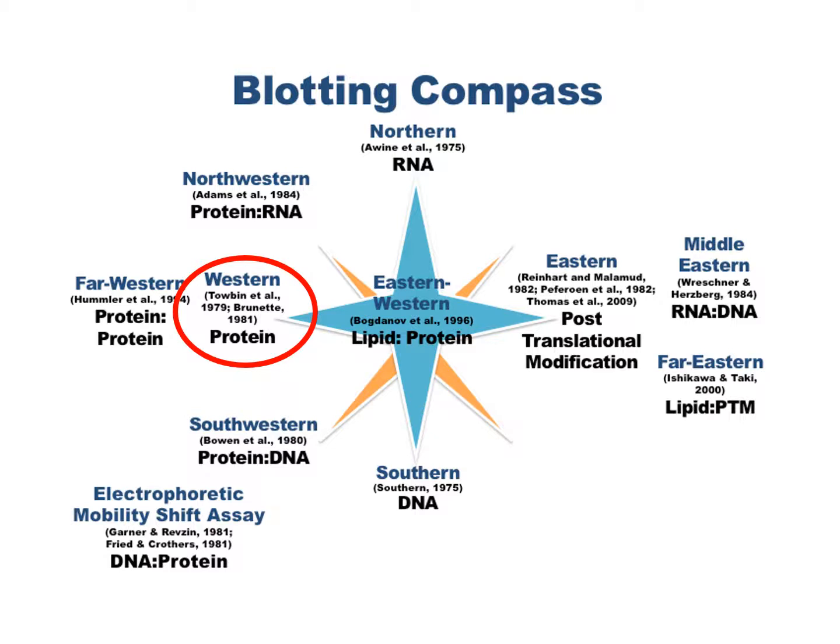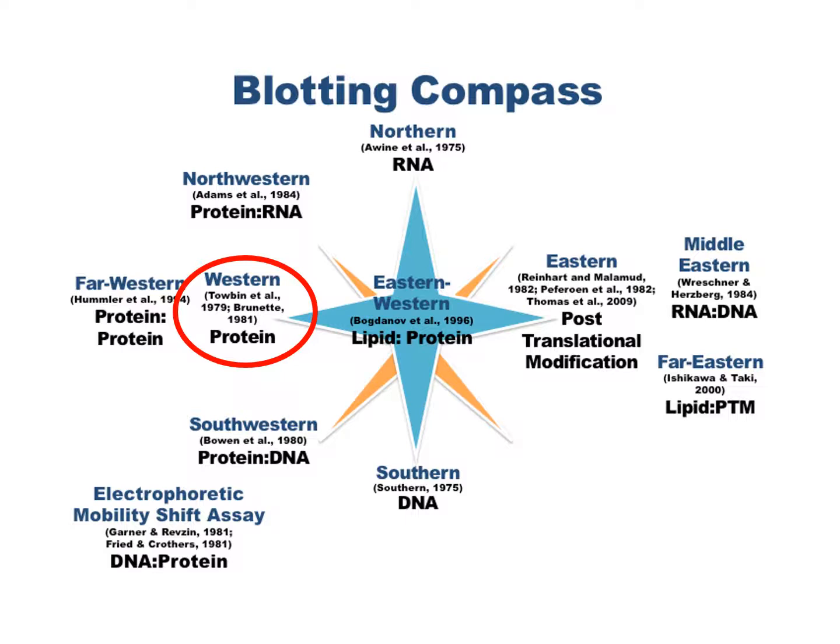There are lots of different variations in blotting techniques: RNA, proteins, DNA, lipids, modifications, RNA to DNA, lipid to some type of PTM factors, all sorts. We're going to just focus right now on Western blotting.